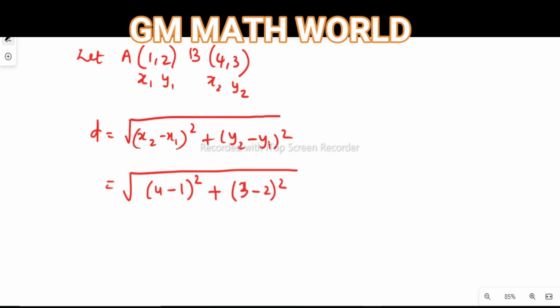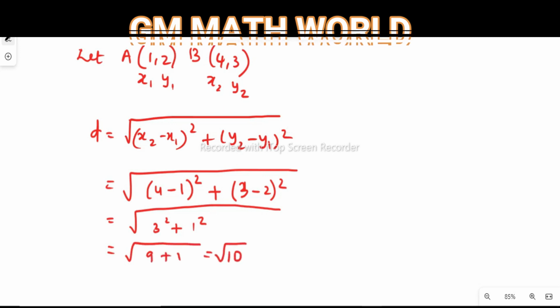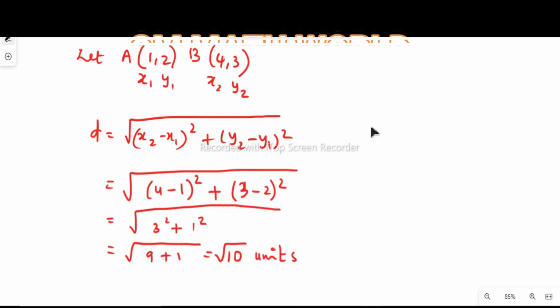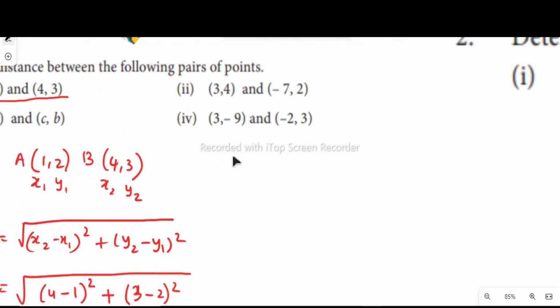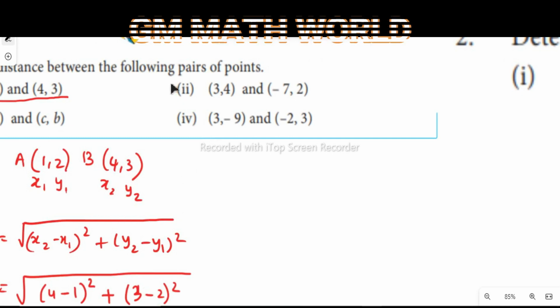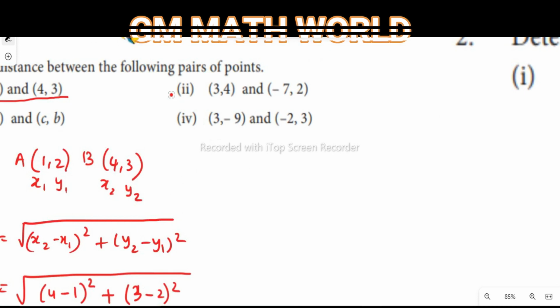So 4 minus 1 is 3 square plus 3 minus 2 is 1 square under the square root. 3 square is 9 and 1 square is 1, so 9 plus 1 is 10. The square root of 10 is the distance of A comma B.